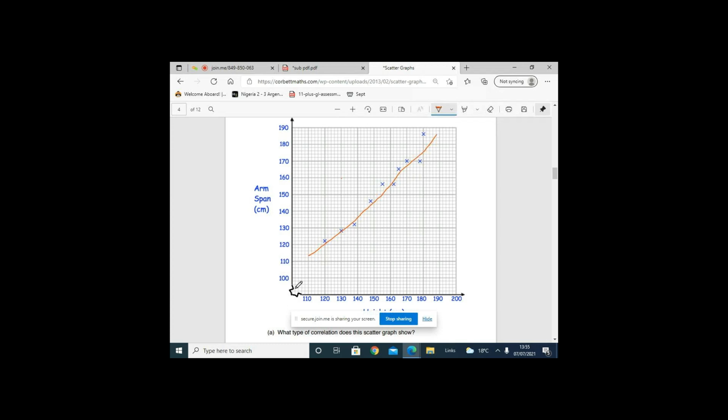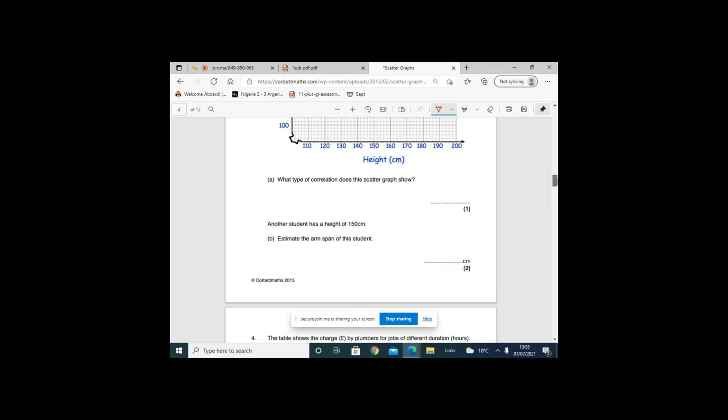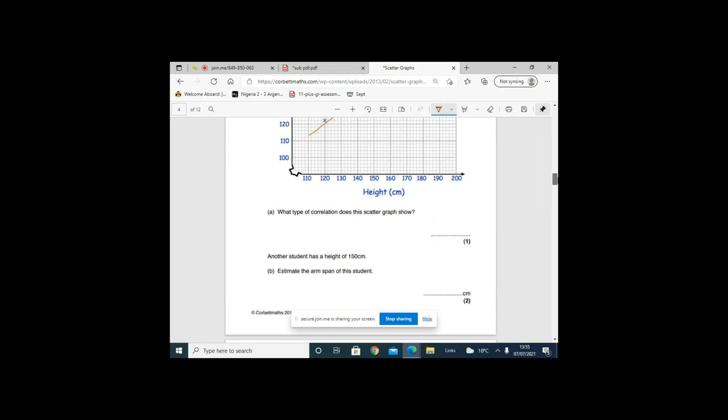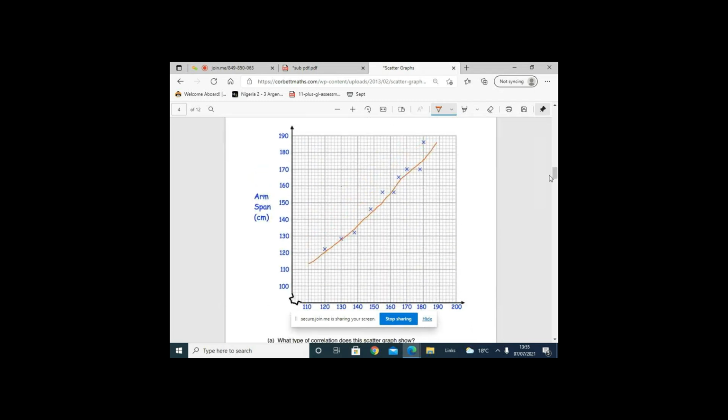So for 150, Lydia, what's going to be the answer? What's the question? For a height of 150, what is the arm span? Estimate the arm span of the student. 130? 145?